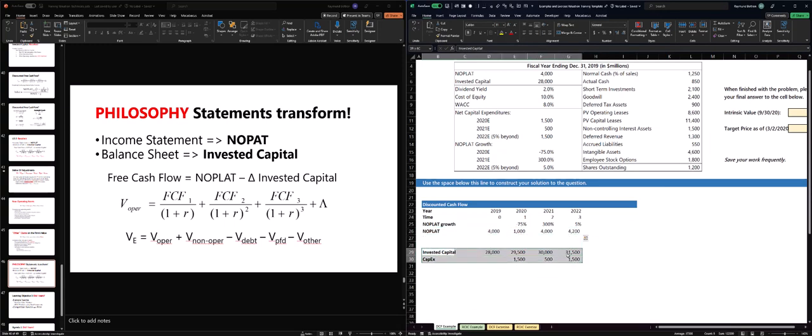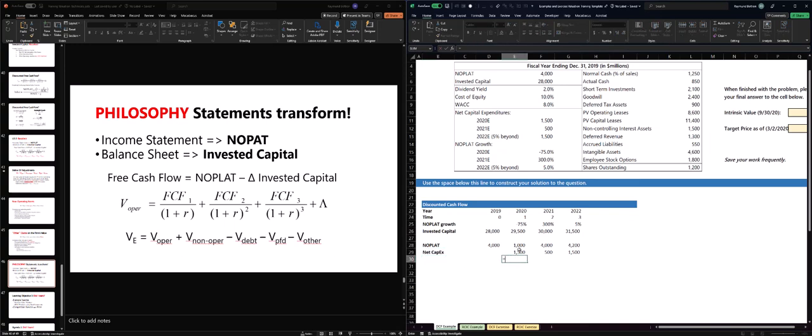So it was like this, NOPLAT, and maybe I should have done this. Okay, that looks better now, right? So now the change in invested capital is basically your net capex. Maybe I should say net capex. So now we take the NOPLAT that year minus the net capex. Oh, we actually have a negative free cash flow.